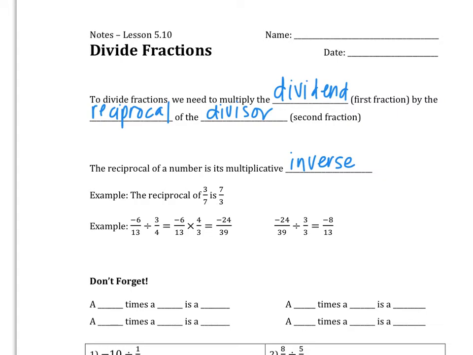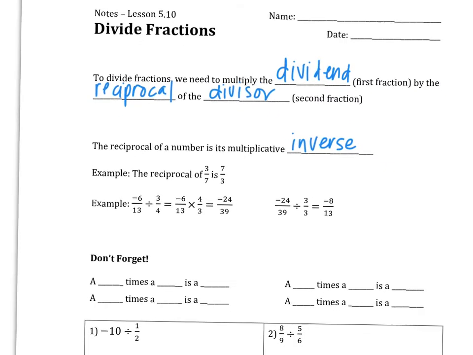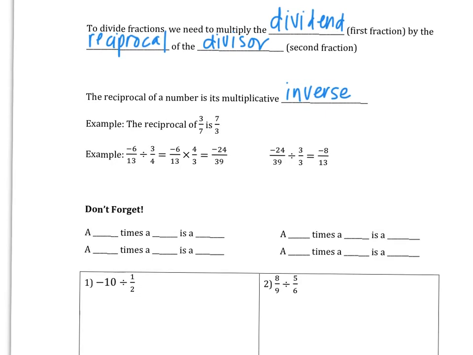There are a couple of things we want to make sure we don't forget, some of our basics, and sometimes our basics are easiest to forget. If I have a positive number multiplied by another positive number, my answer is positive. If I have a negative number multiplied by a negative number, that is positive.